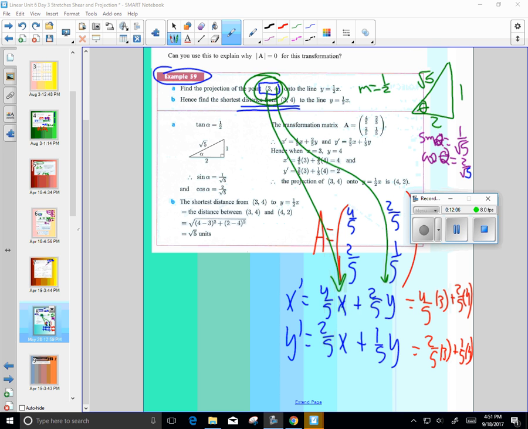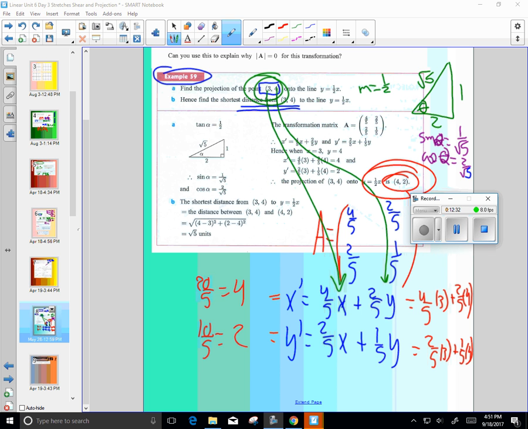So 12 and 8 is 20/5, which is equal to 4. And then this is going to be 6 and 4 is 10/5, which should be equal to 2. So the transformed point 3, 4 onto the line.